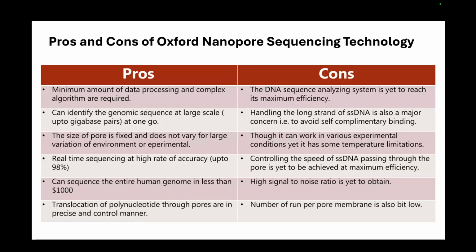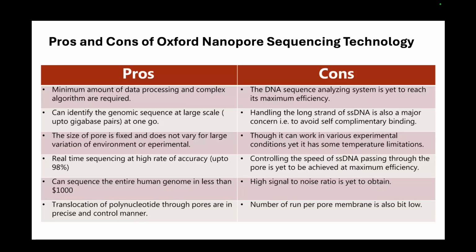That is much simpler in terms of processing than capturing the whole image of what is going on, then predicting what bases are there, and that's not actually the sequence. The sequence is actually complementary to that. So a little bit more data processing is required for Illumina and other technologies compared to Oxford Nanopore.